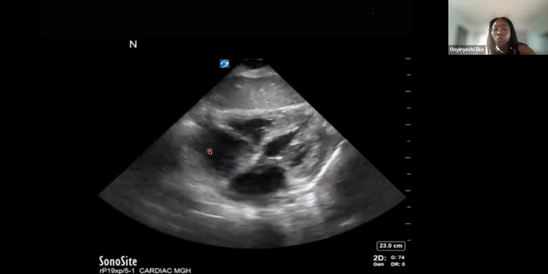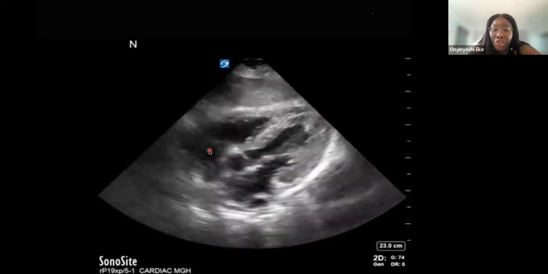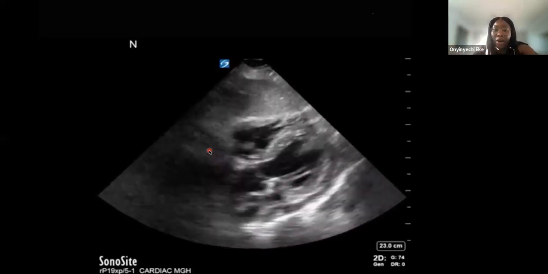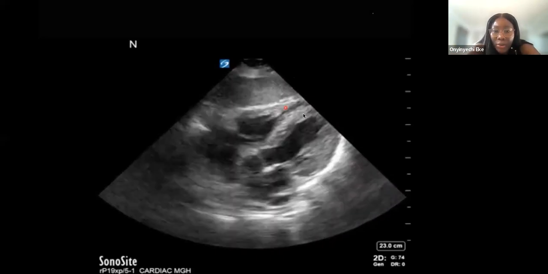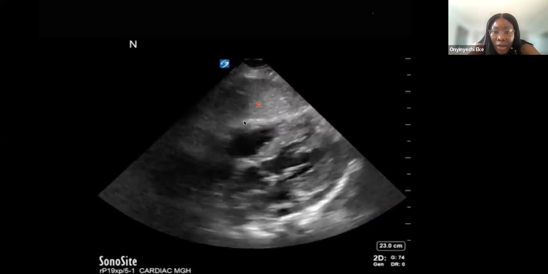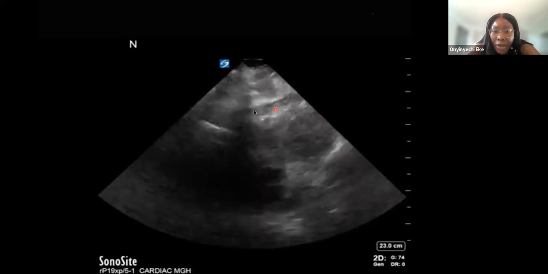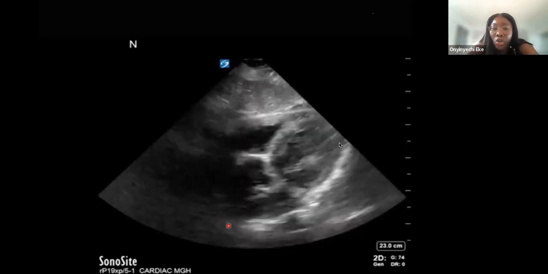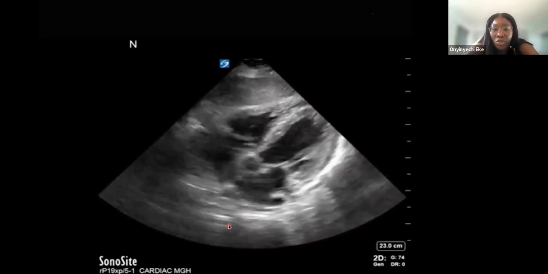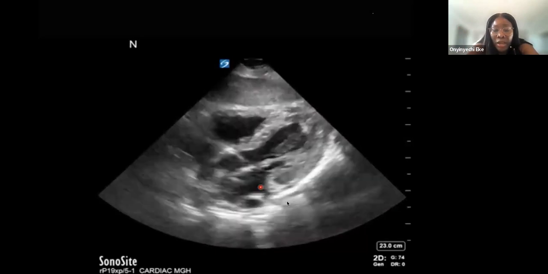This is a really good view for you to just appreciate if there's any abnormality around the heart. As we can see, this heart might have a very trace pericardial effusion. There's some hypoechoic echogenicity around it. So if there's any fluid around the heart, you will appreciate it there. Trace pericardial effusion is normal.